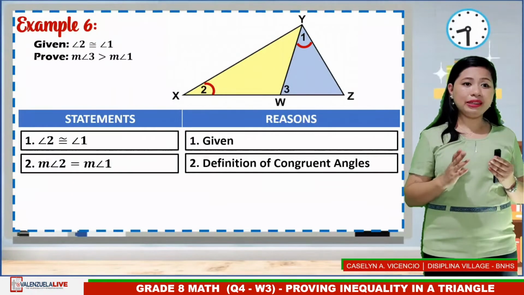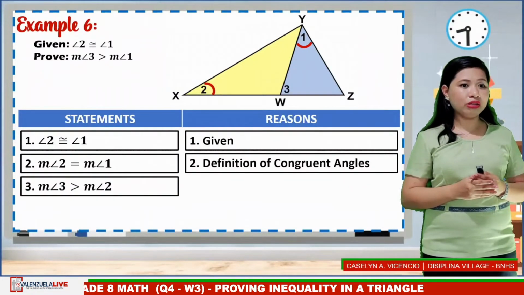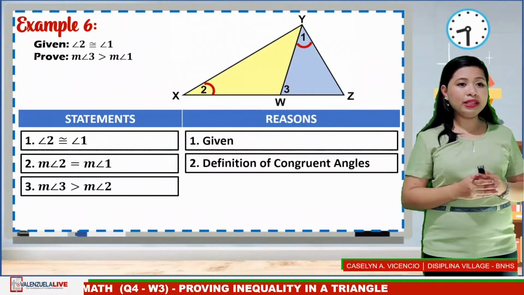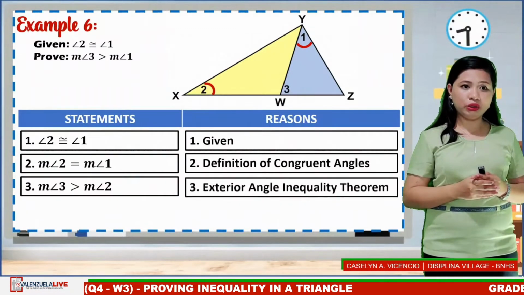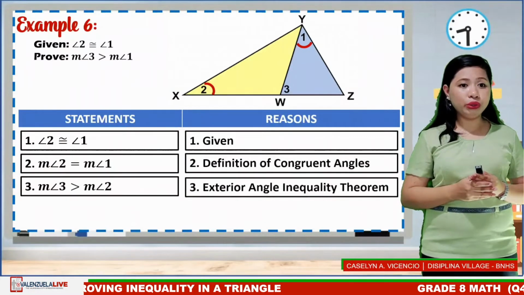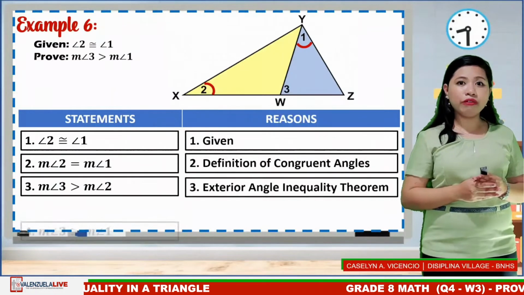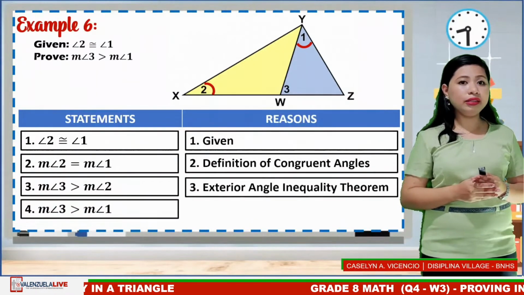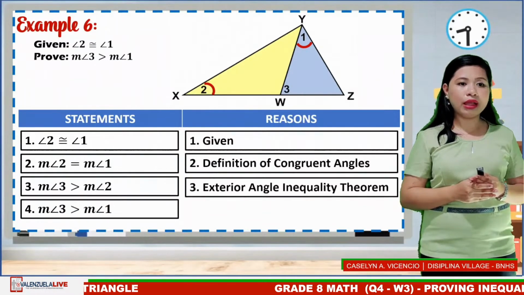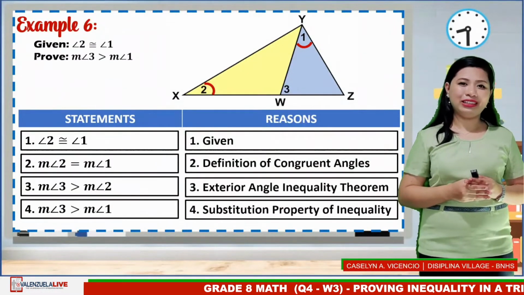We can also state that the measure of angle 3 is greater than the measure of angle 2 by exterior angle inequality theorem. Hence, using statement number 2 and 3, we can conclude that the measure of angle 3 is greater than the measure of angle 1 by substitution property of inequality.